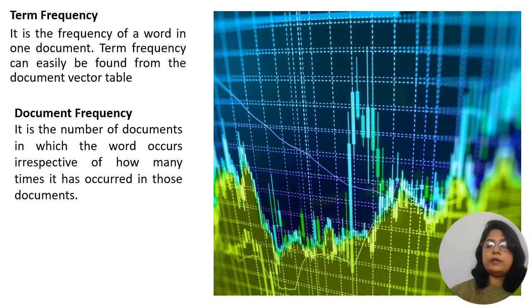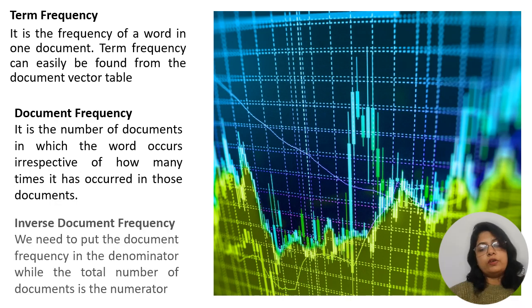Something called IDF. IDF is nothing but the inverse of document frequency. So if a document frequency is 3, your IDF will be 1 by 3. It is the inverse. We need it for some calculations of TF-IDF.